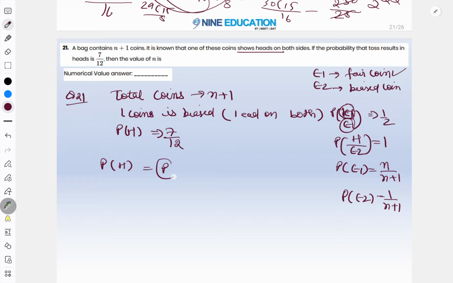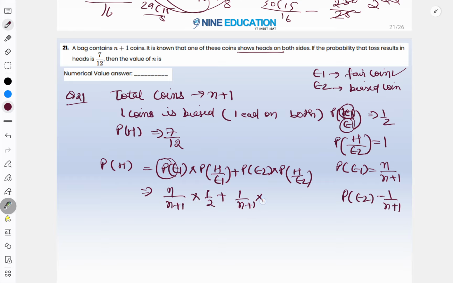Right? So how can we get a head? First case is I chose the fair coin and then I got a head. Second case is I chose the biased coin and then we got a head. So that is equal to n by n plus 1 into 1 by 2 plus 1 by n plus 1 into 1, which is 7 by 12.